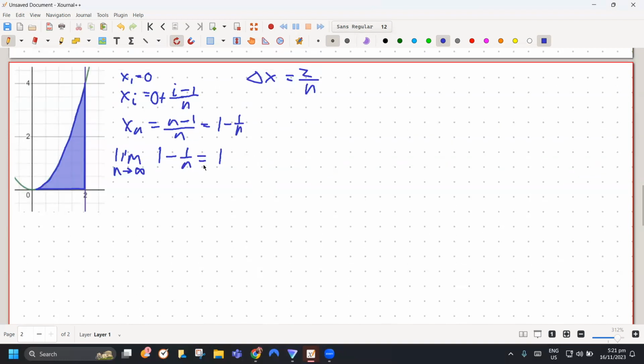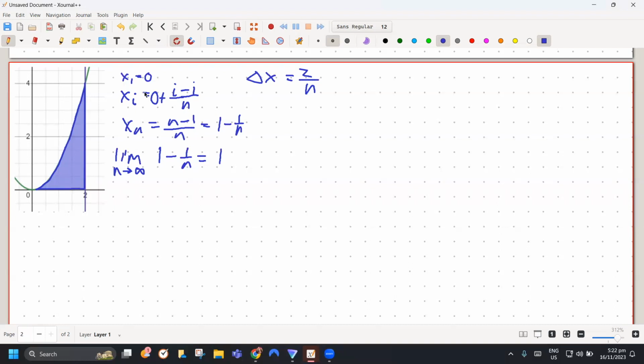So x1 is equal to 0, x2 is equal to 2 minus 1 over n, tama naman po. So x1 is pag 2, 0 at saka 1 minus 1 over 2.